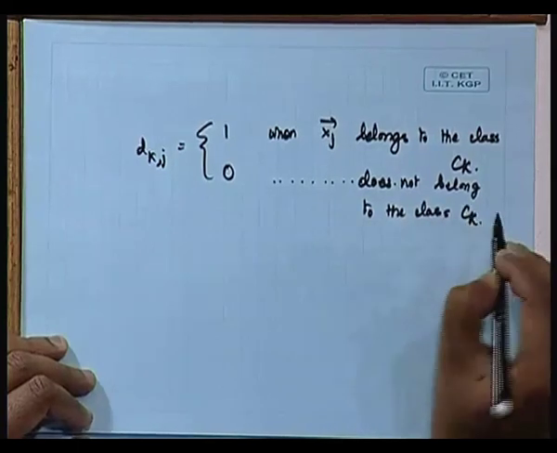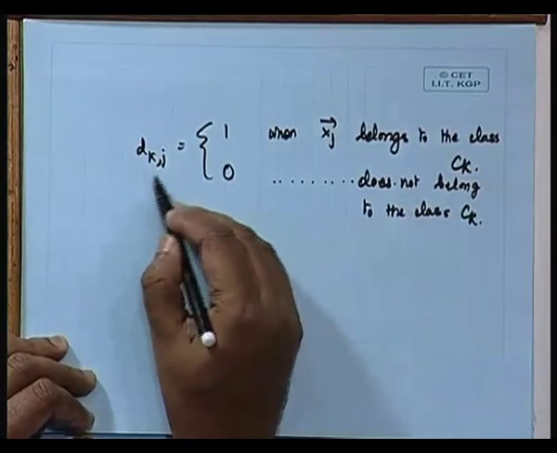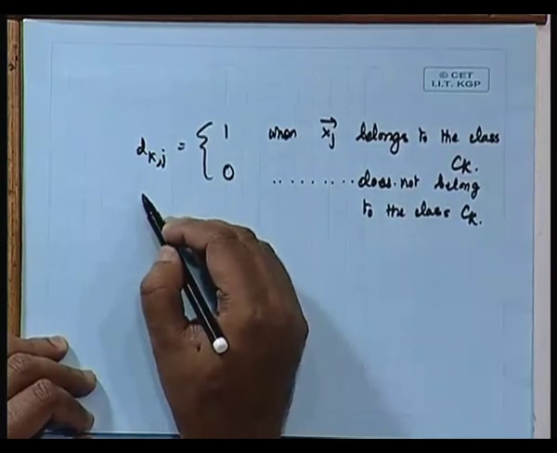And why class Ck? Because we are considering the kth classification, and that is why we are taking dkj.